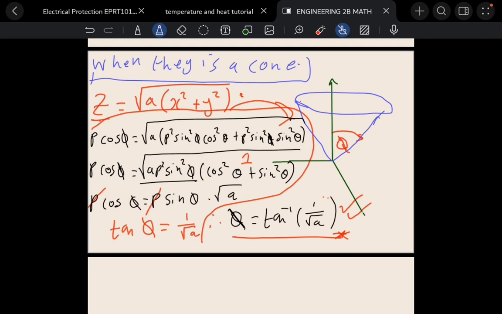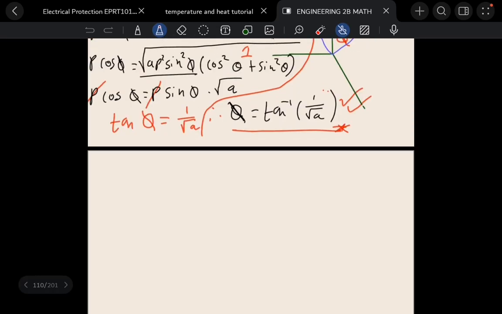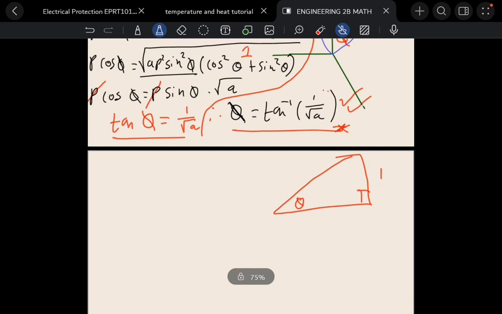Now, there are other equations that are being used. You can use them, I don't have any problem, because if you try to find the other equations from this, you can see that if you draw a triangle from that, and you have a phi here, you have a 1, you have a square root of a, and then this is going to be a minus 1.